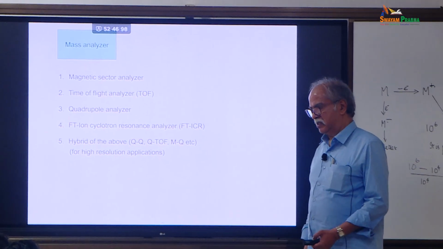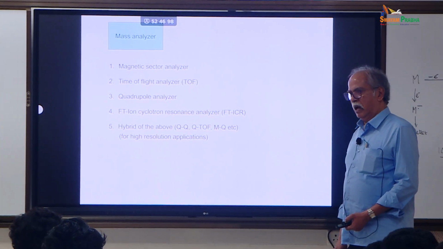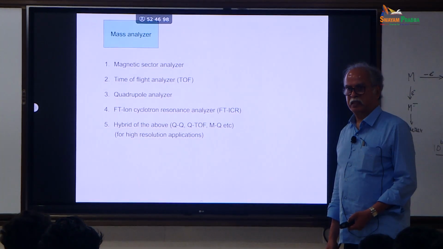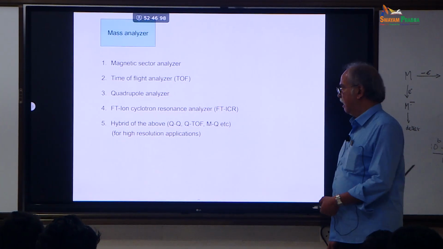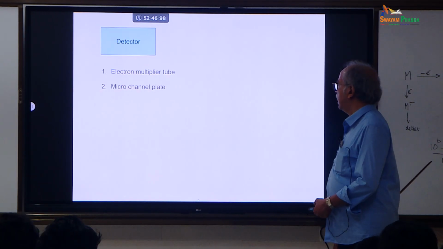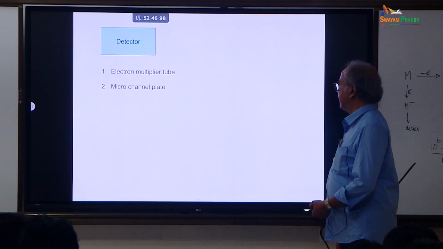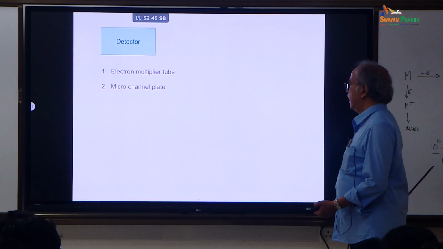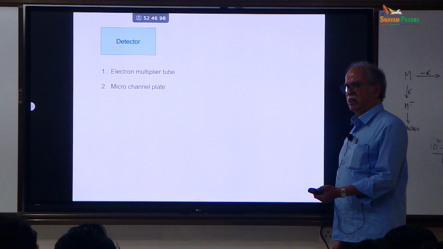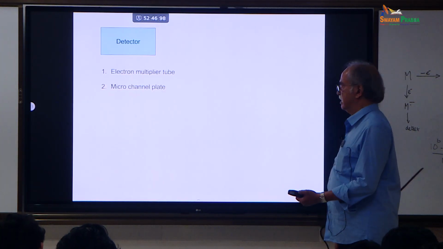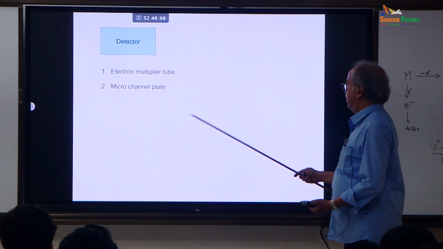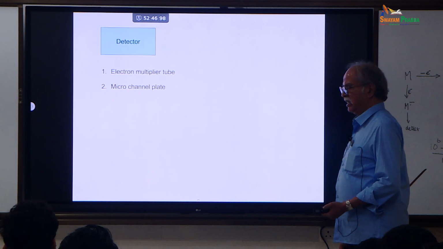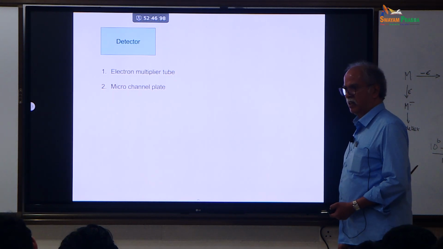Mass can be measured up to 5 decimal places. Detectors are electron multiplier tubes. The ions impinge on the electron multiplier tube and produce a current, and the current is measured.